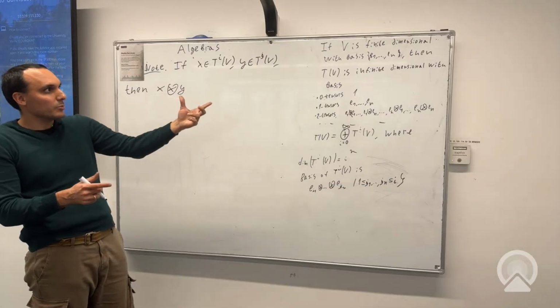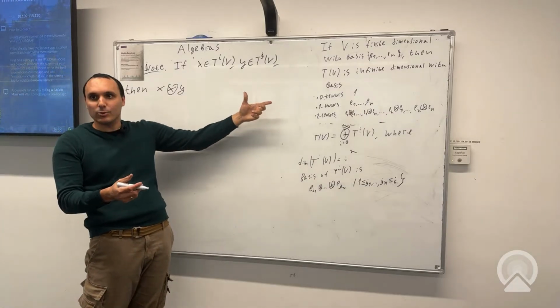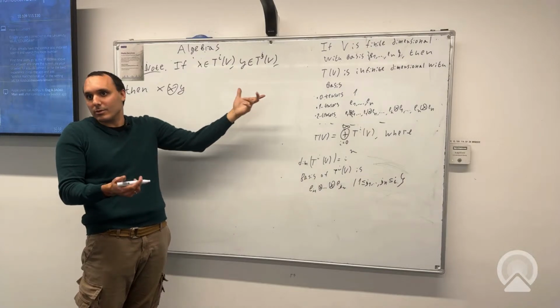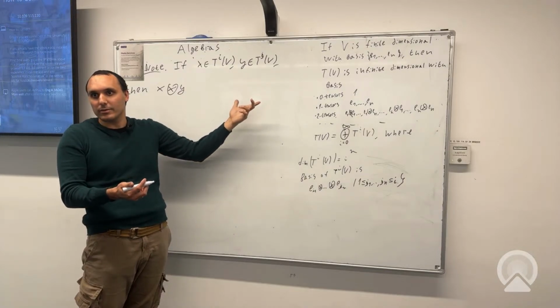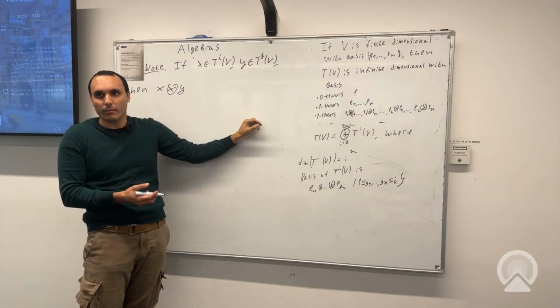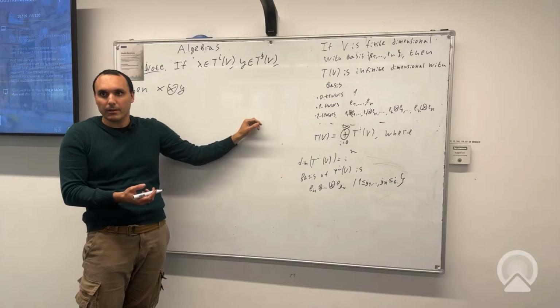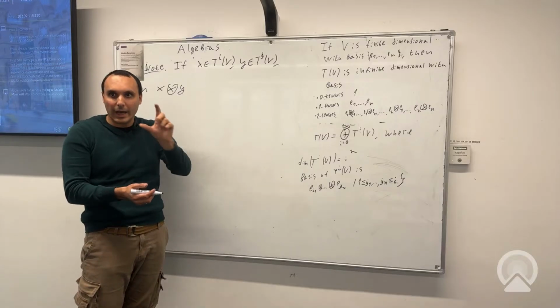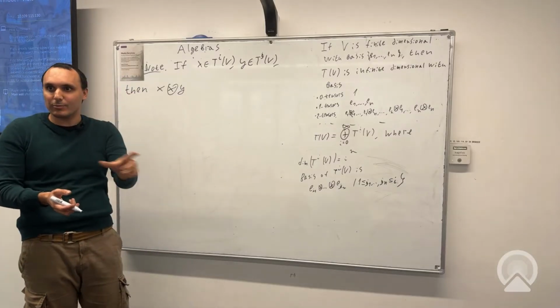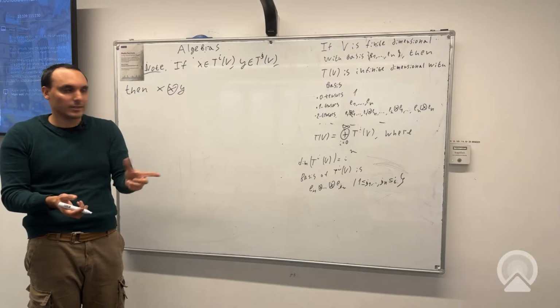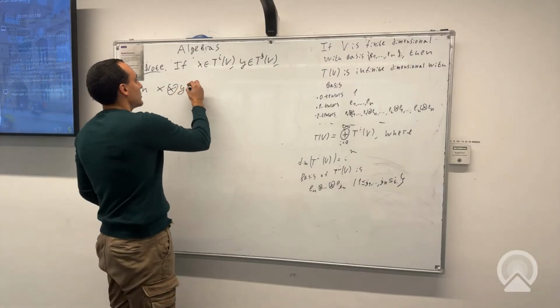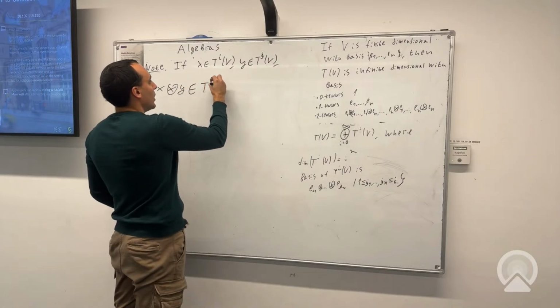Like if I multiply a monomial of degree 2 and a monomial of degree 3, what's the degree of the product? 5. I multiply x squared times x cubed. Yes, so this is in T^{i+j}.